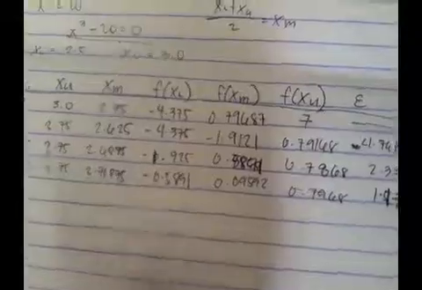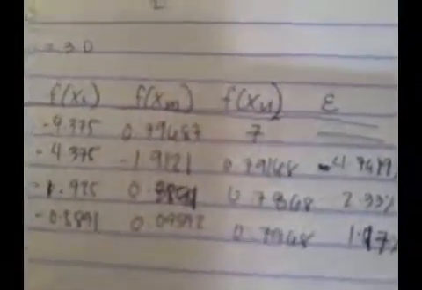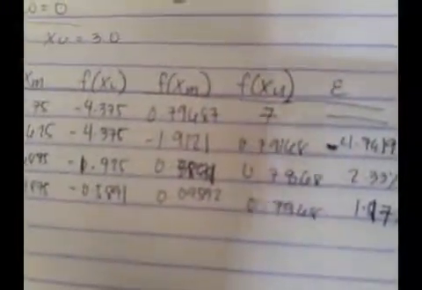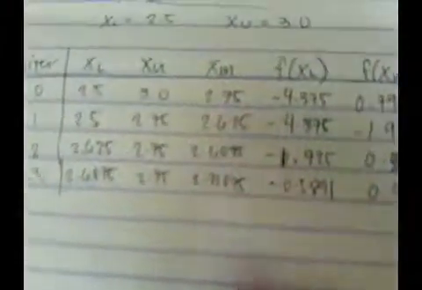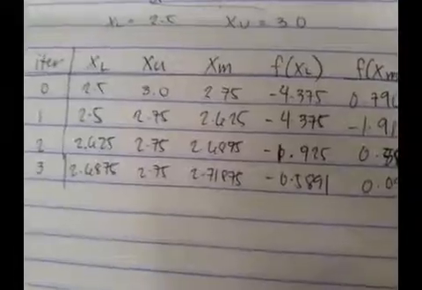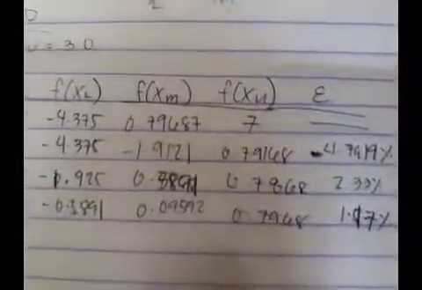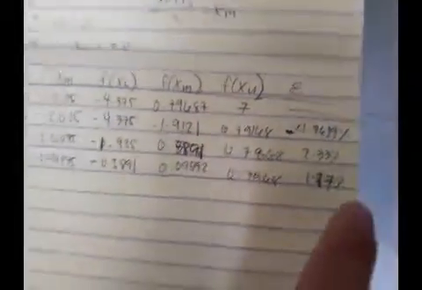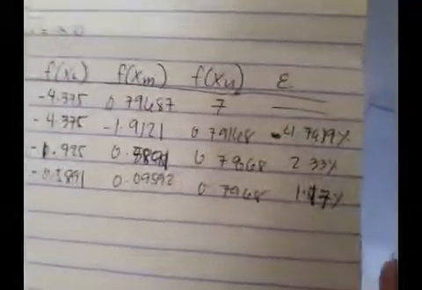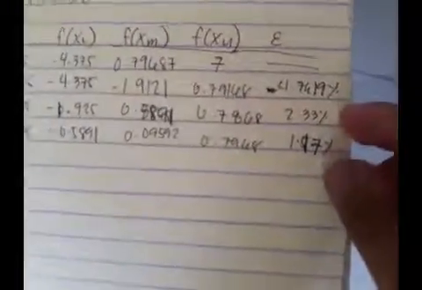And for the functions of xl, xm, xu, using the equation given, x cubed minus 20, we can find the values for these fxl, fxm, and fxu. And for the percentage error, using the formula given here, we will get these two percentage errors.